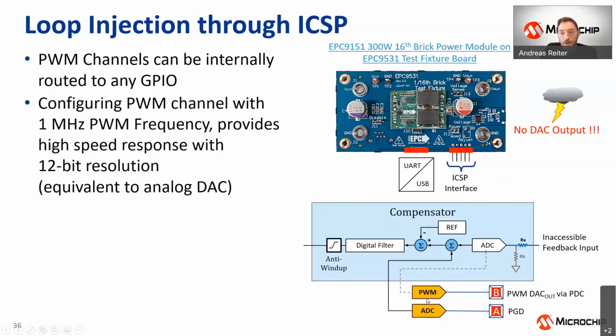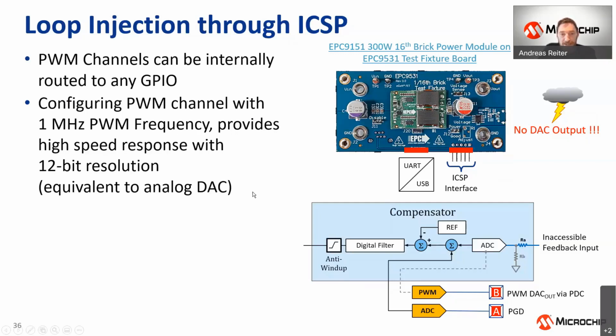So the way we do this is we configure approximately a megahertz switching frequency, or PWM frequency, and then the value is written as a duty cycle of that PWM frequency. This gives you approximately 12-bit resolution, which is equivalent to what we would get with the digital to analog converter.